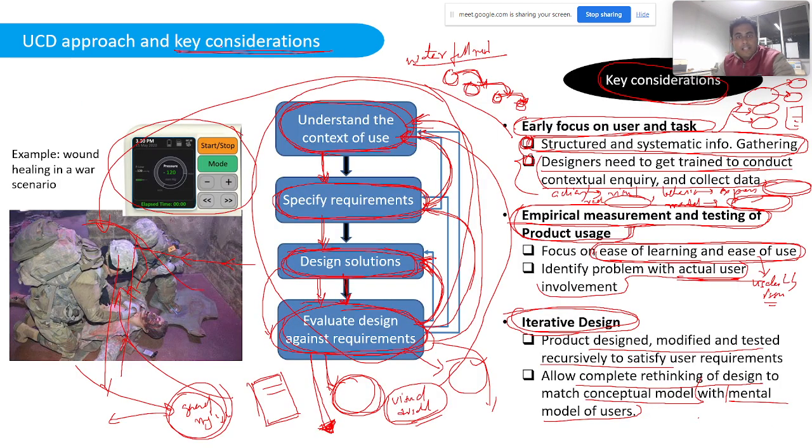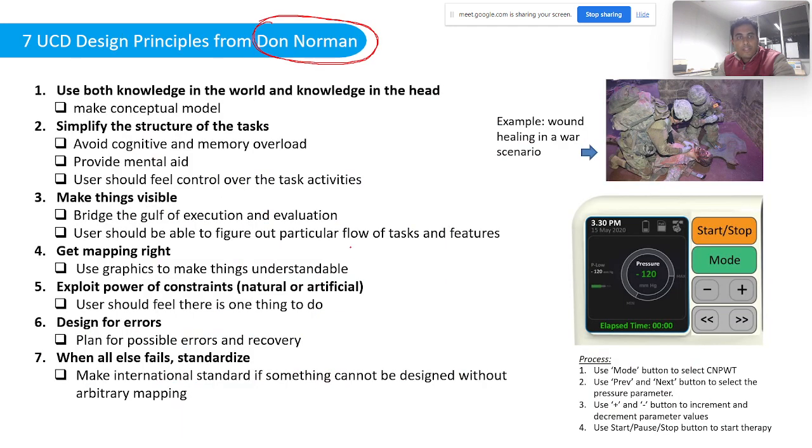If this is a design process having these phases, not in detail but a simplified way of describing a user-centric design process, these can be a set of heuristics or guidelines which you can consider when you are designing a user-centric design product.